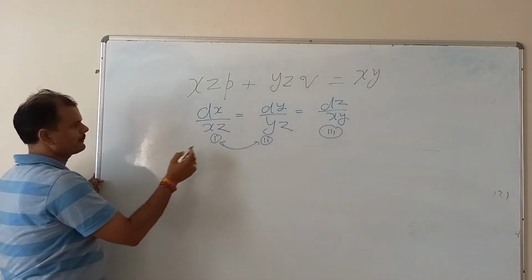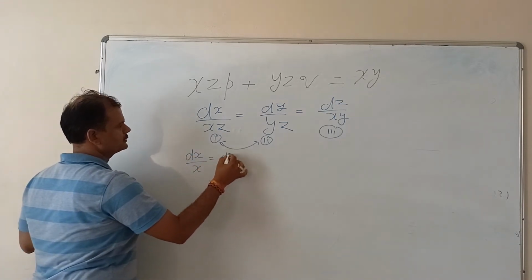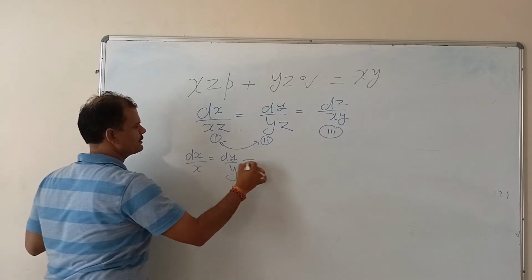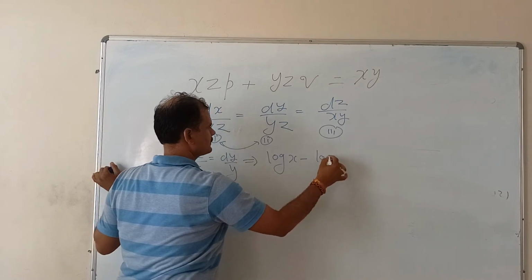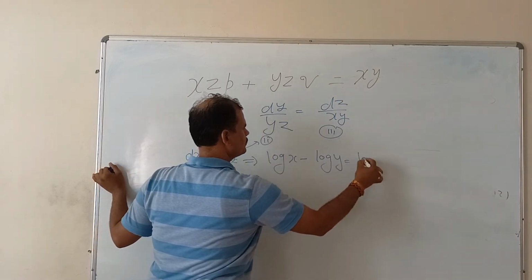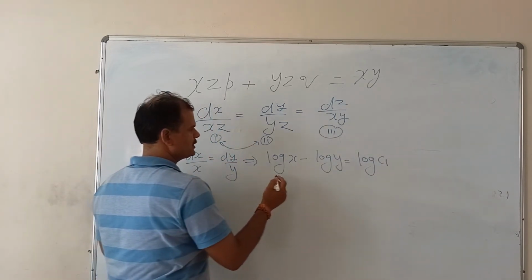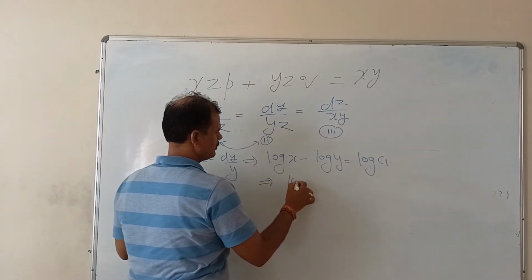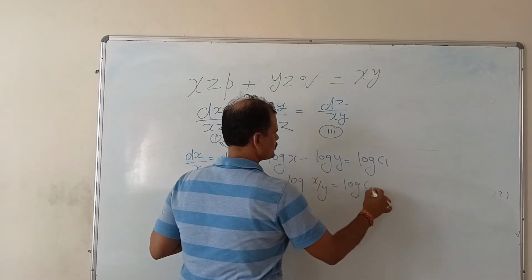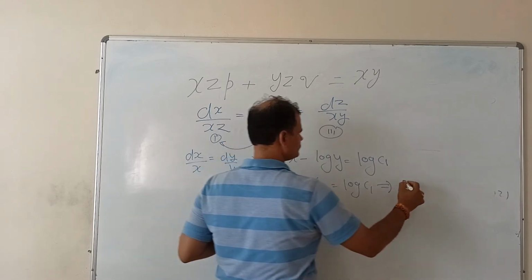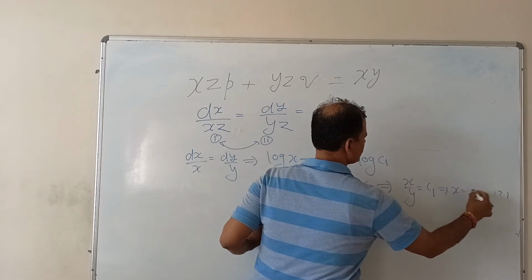Z will be cancelled and we have dx by x equal to dy by y, which implies, if you integrate, log x minus log y equal to log c1, I am taking log c1 for our own simplicity. So we can have log of x by y equal to log c1, which implies x by y equal to c1, which implies x equal to c1 y.